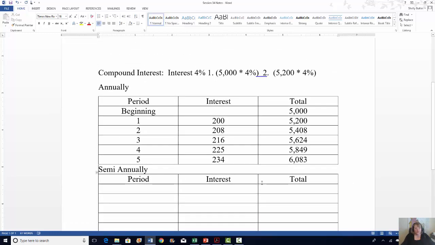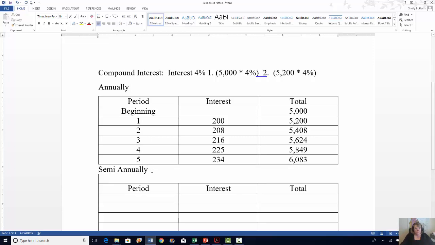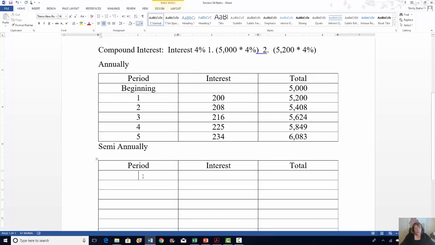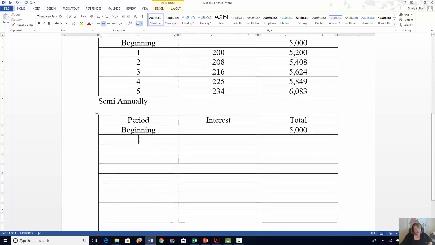I've got a little more room. I can add a line. So now here we've got the beginning, and it is $5,000 again. And we have 10 periods. So if it's still a 5-year CD and they're paying semi-annual interest, we're going to have 10 periods, right? 10 periods.